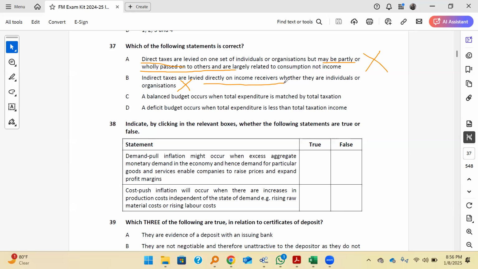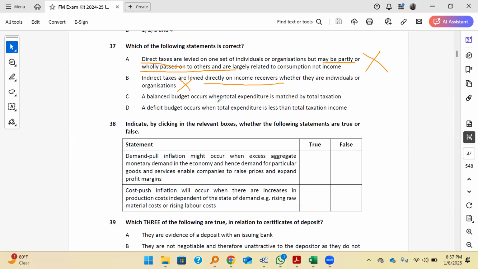They are usually levied through, like for example, when you have VAT, VAT is passed on to the final consumer, which is the income receiver, but it is paid by the final consumer, which usually is an individual. Companies usually pass it through to the consumer, except when the company is the final consumer.